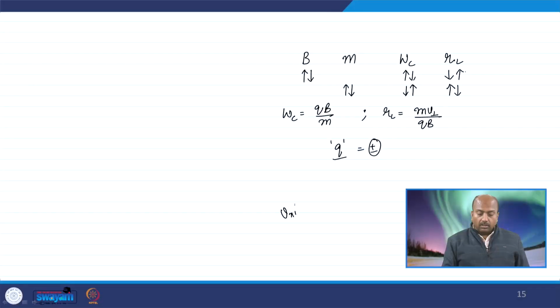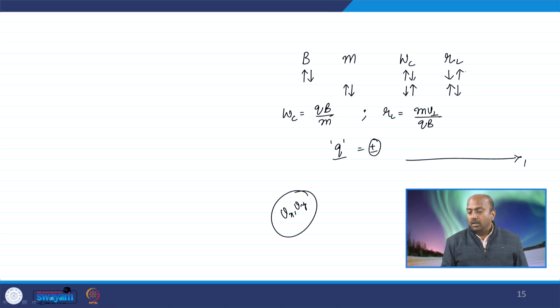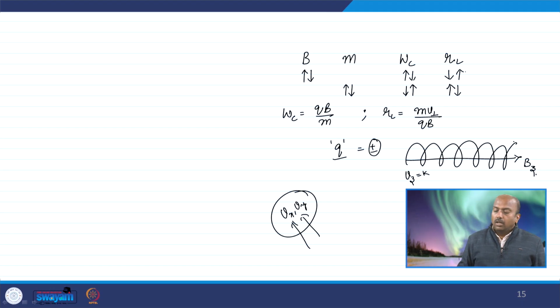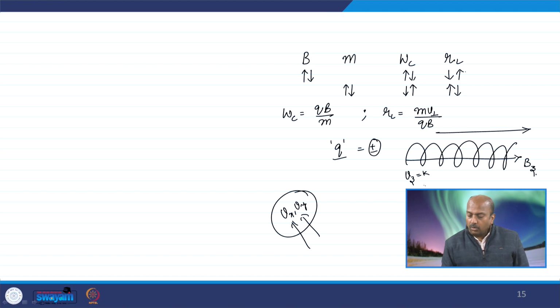So, we realize that if you consider the magnetic field to be along this direction, Vz, the parallel component of velocity, which is Vz, will remain constant, whereas the perpendicular components of velocity will be responsible for the gyration of the particle around the magnetic field, around the imaginary line I have drawn. Okay. Why is the particle moving like this? Because of the non-zero parallel velocity.